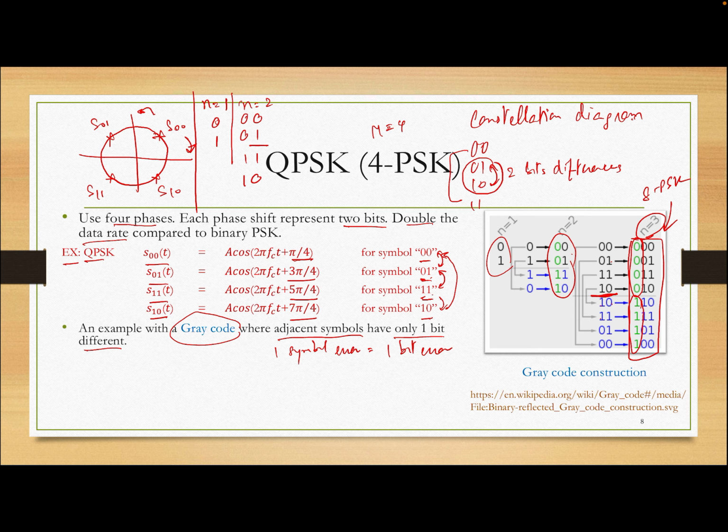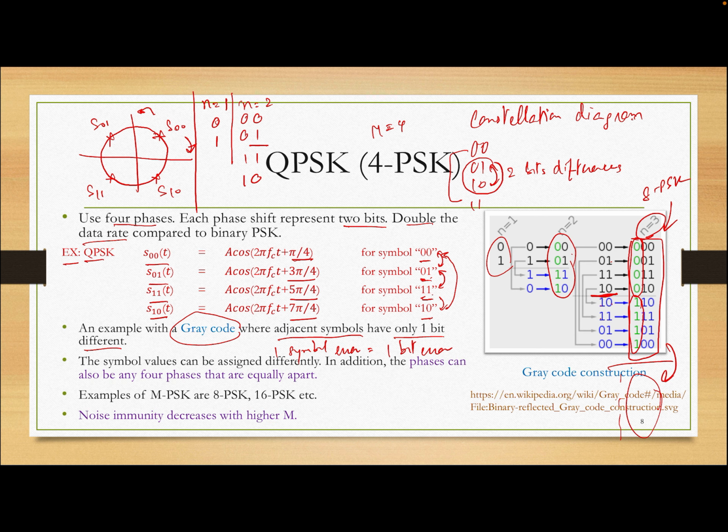If I want to do the 4-bit case, what do I do? You use the n equal to 3 code, the 8 codes right here, and you put the mirror here, and then reflect back here, and then put 0 for the first half and 1 for the second half, like this, and then you have the n equal to 4 case. As I say, it can be assigned differently.